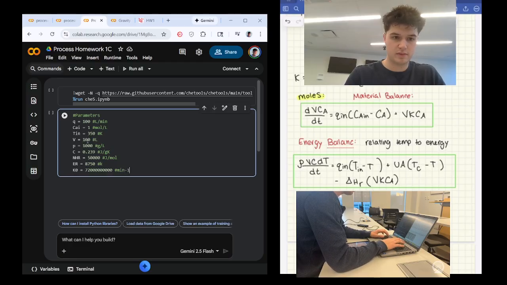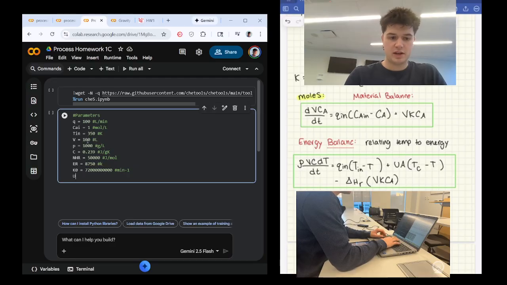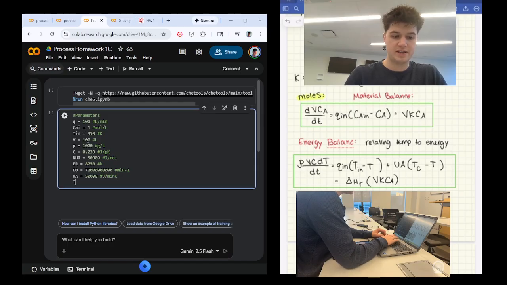And then UA is times 4, and that is joules per minute Kelvin.